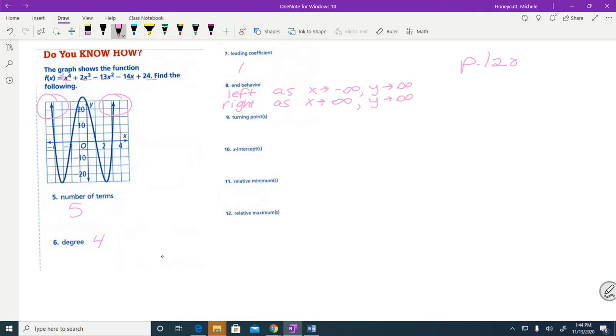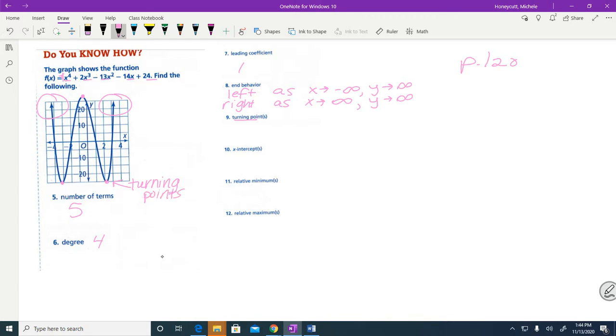Turning point. So this is new. A turning point is anytime a graph changes from decreasing to increasing or increasing to decreasing. Right here, it's kind of hard to figure out what they are because you can't really see, but you could graph this on Desmos and then click on each point to find the turning point. For right now, you just need to label them as turning points, because you can think of it as the graph turning around.